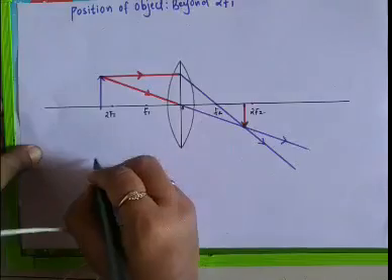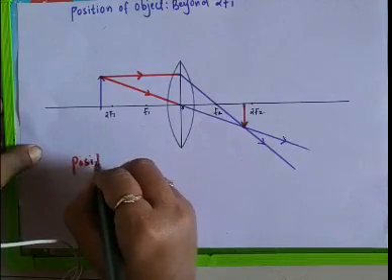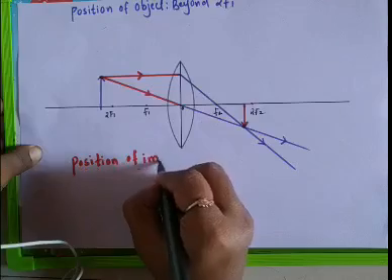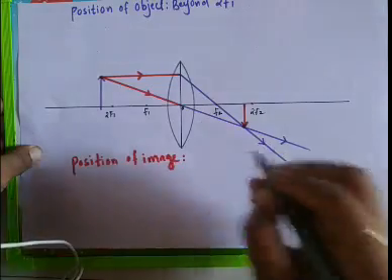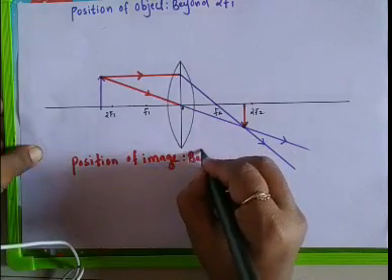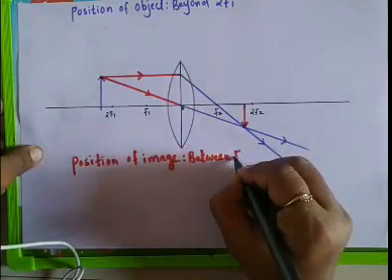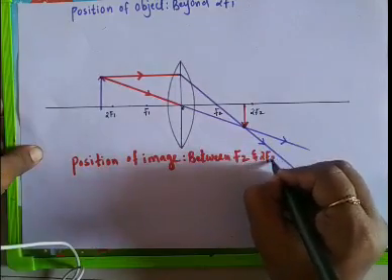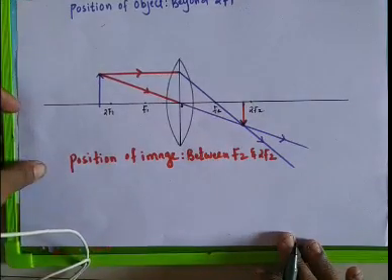So let's first write position of image, where the image is forming. Image is forming between F2 and 2F2.